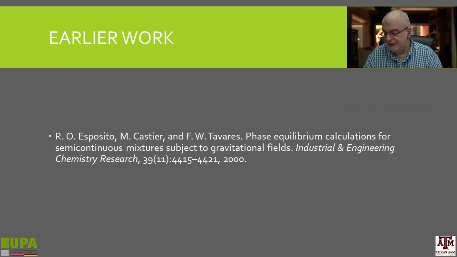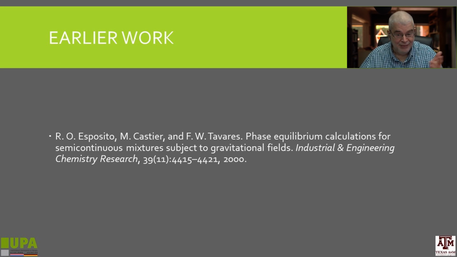Now, all of this started because of Rogério Esposito, who was a PhD student with Frederico Tavares and myself around the year 2000, 2005, this period, early 2000s. And he, at the time, worked for Petrobras, and still does, and he wanted to calculate compositional segregation.